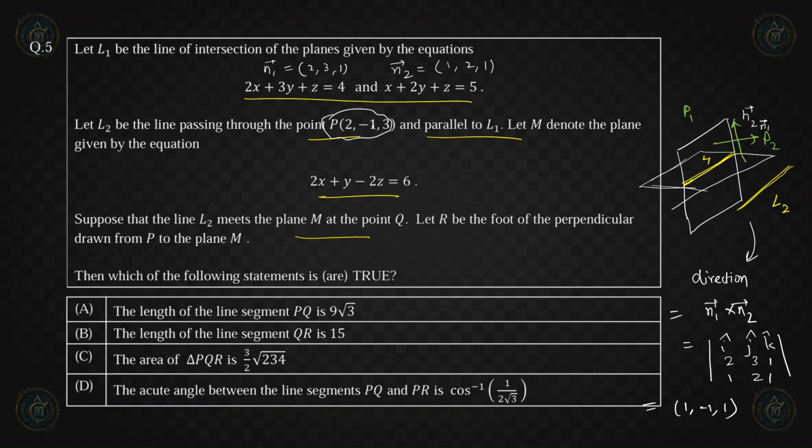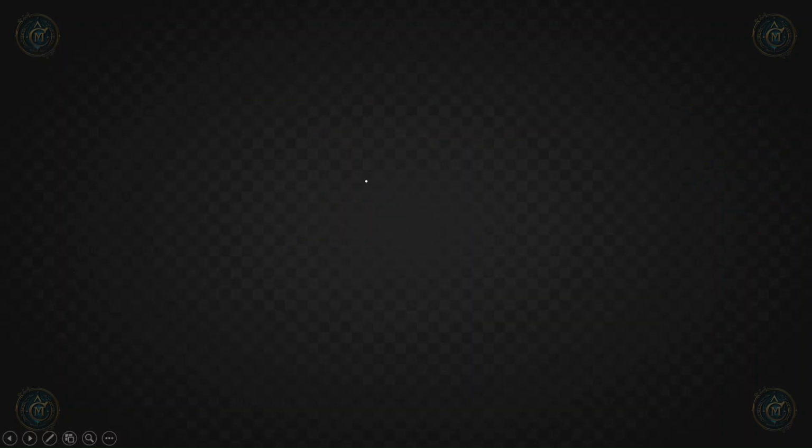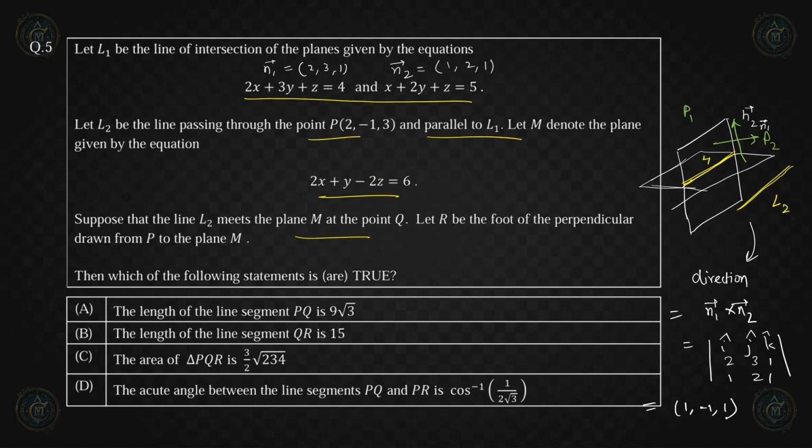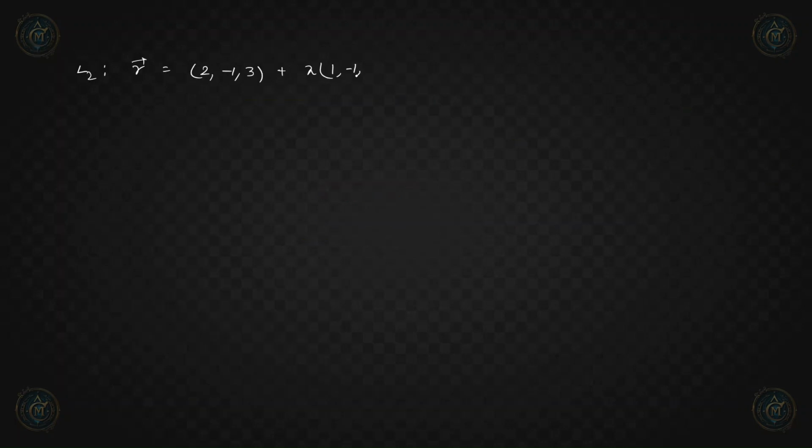That means we got the equation of this straight line. The equation of L2 is r = (2, -1, 3) + lambda (1, -1, 1). So it will be r = (2 + lambda, -1 - lambda, 3 + lambda). This will be our equation of L2.